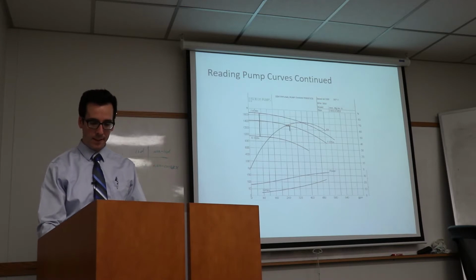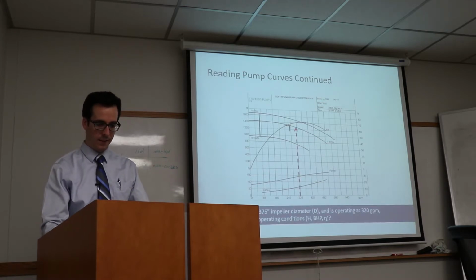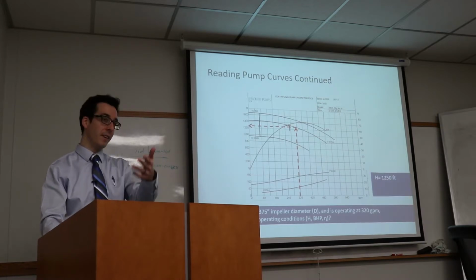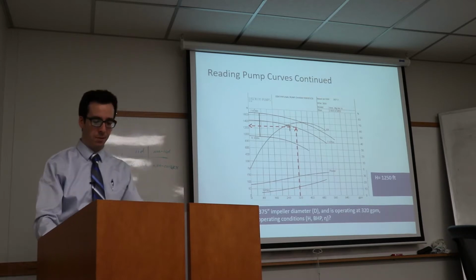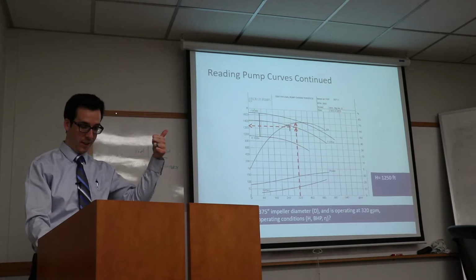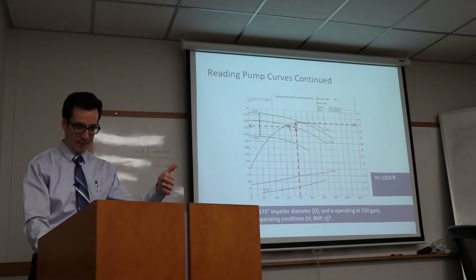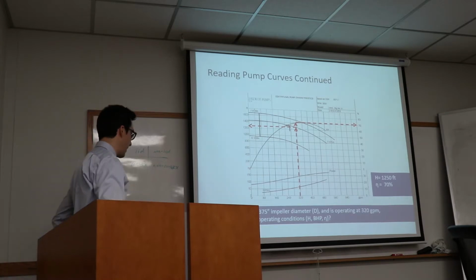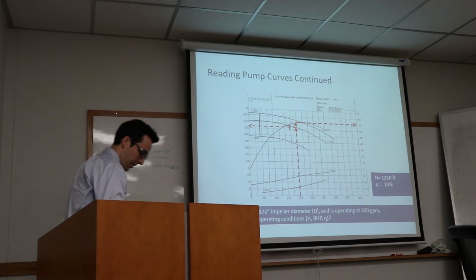Okay, so let's move on. So these were our design points. And Eric showed us we had 1,250, so we said 1,300, since 1,250 is close. We read up to the efficiency curve and got 70%. And so now with that, go ahead and compute, using the equation, the horsepower.